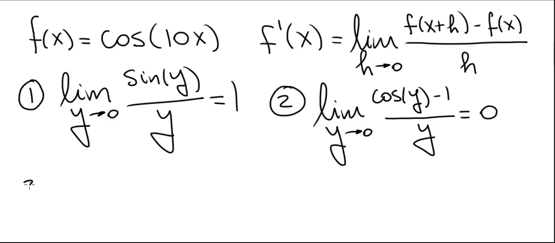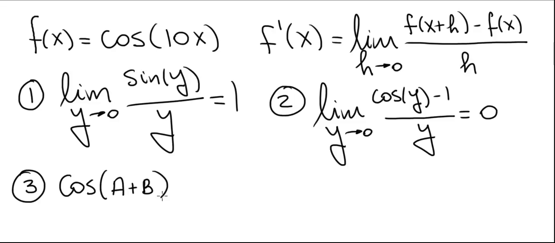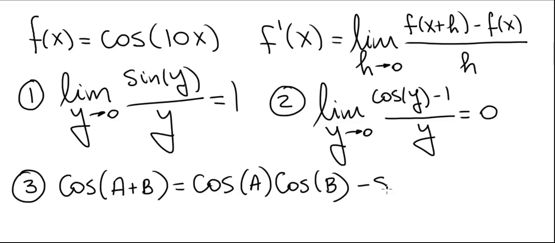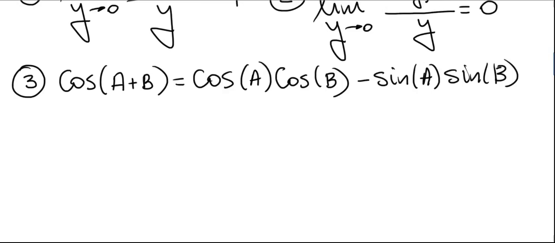And result number 3 is a trig identity: cosine of a plus b equals cosine of a times cosine of b minus sine of a times sine of b.